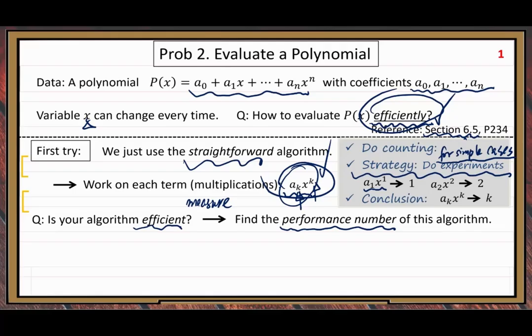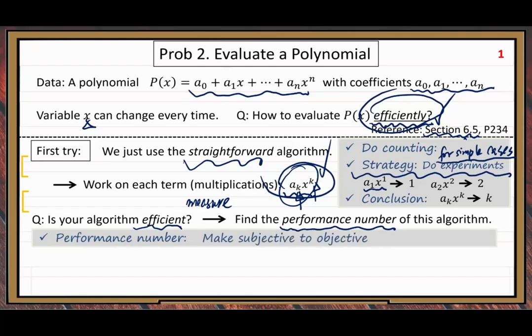Performance number. So when you think about finding an appropriate number to measure the efficiency, you may have several ways.